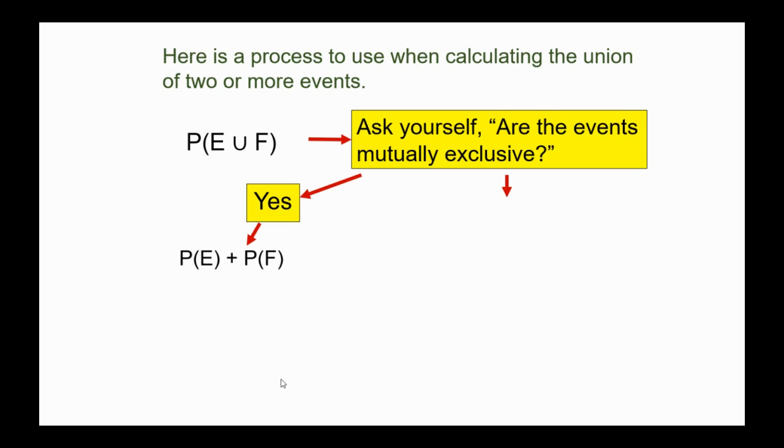Now, let's say we answer no, they're not mutually exclusive. Then we would have to use the formula that we just learned, where we subtract out their intersection. So if they're independent, they would be mutually exclusive? Not necessarily. Nope.